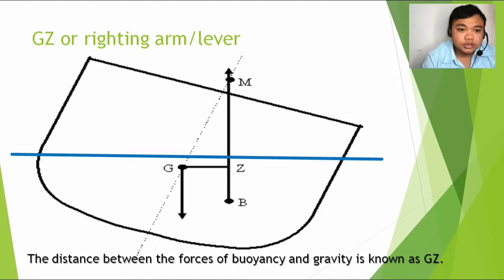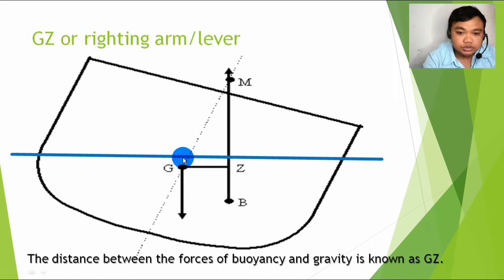So we have here the righting arm or lever. This is the distance between the forces of buoyancy and gravity and is known as GZ.